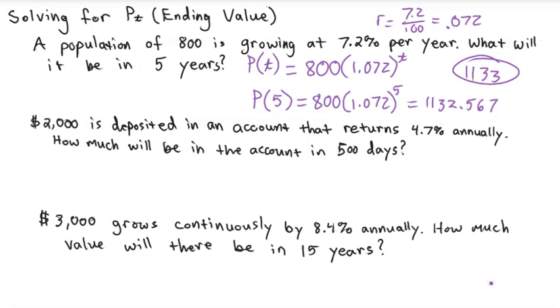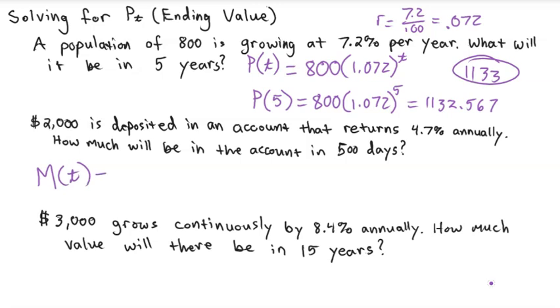So let's do another one like that. We've got $2,000 deposited into an account that returns 4.7% annually. How much will be in the account in 500 days? Well, our function is going to be P of t, and it doesn't have to be P. It could just as easily be M of t for money.